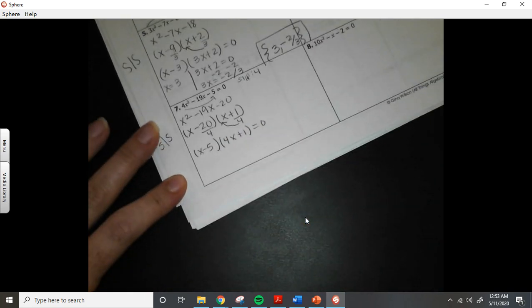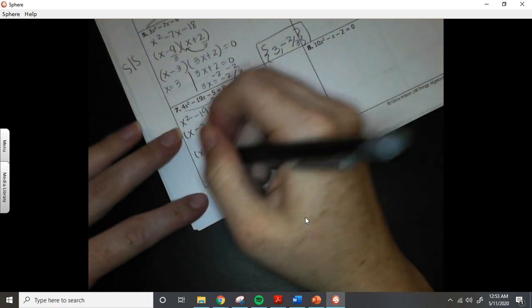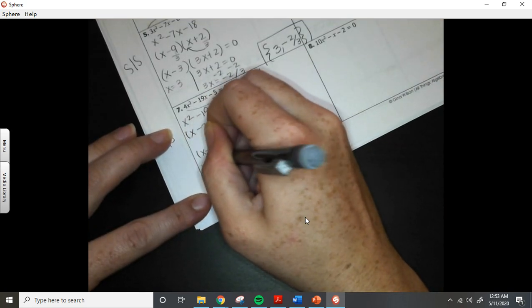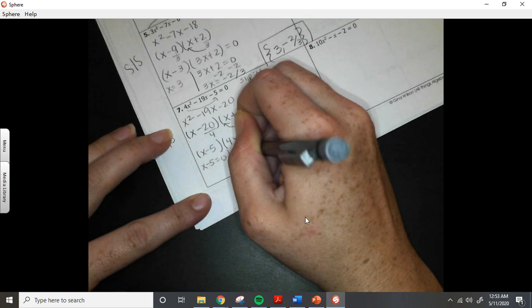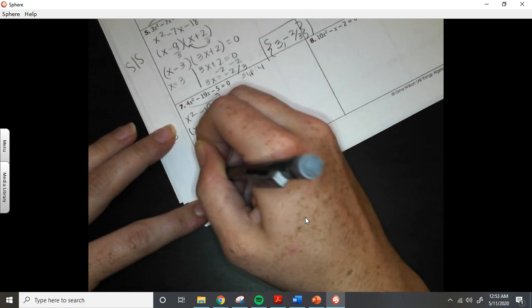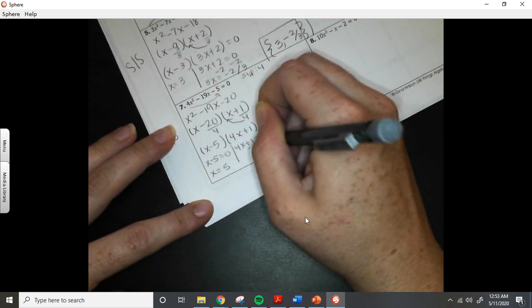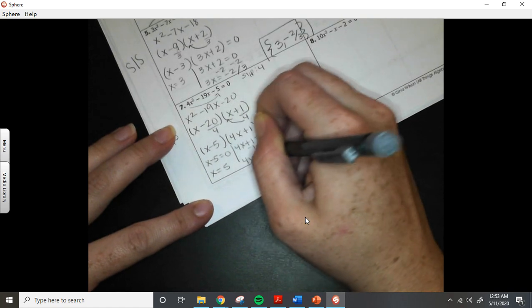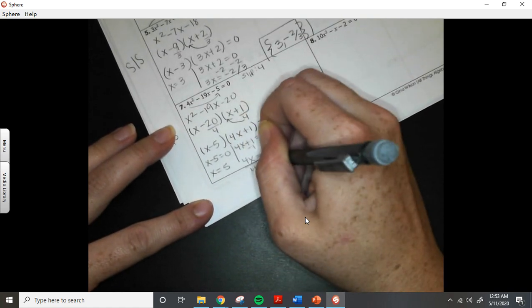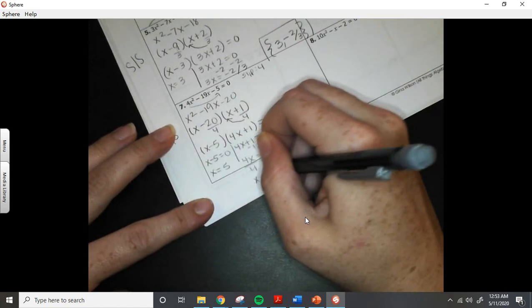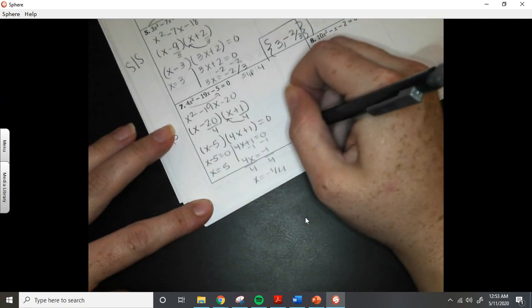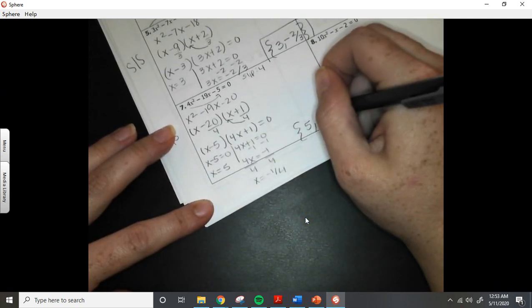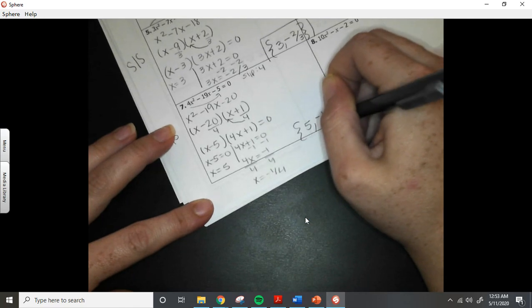Everything equal to 0, and we have to solve. So x minus 5 equals 0, and 4x plus 1 equals 0. So 5 and negative 1/4.